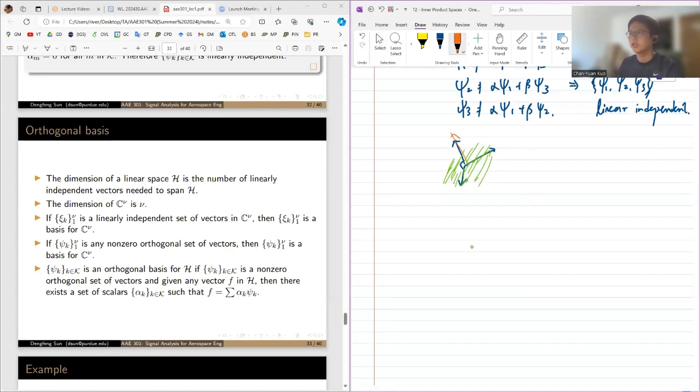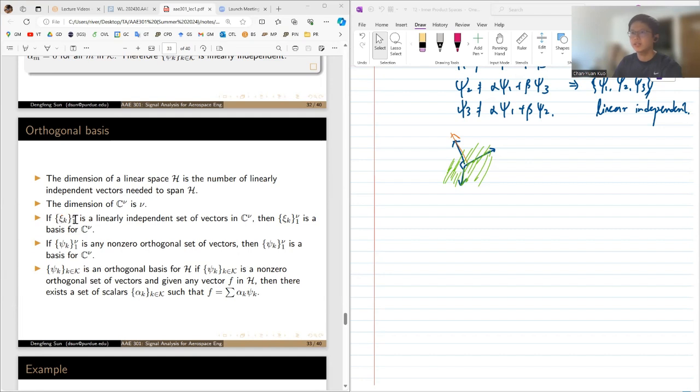And now let's talk a little bit more about the orthogonal basis. Let's go through these lines together. The first point is the dimension of a linear space H is the number of linearly independent vectors needed to span H. The second point is the dimension of C^nu is nu. Essentially that means you need nu linearly independent vectors to span the linear space C^nu.